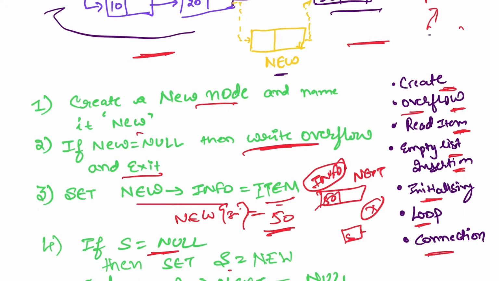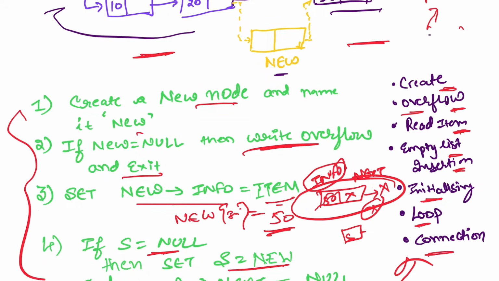I will set s directly equal to new and the next of new equal to null, because there is no successor. There is not even a single node that is a successor. So I'll set the next of new as null. I hope you are getting this point. If you are following the previous videos, these 4 steps are very simple for you to understand. We have covered everything till here.